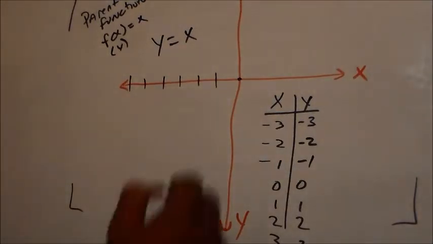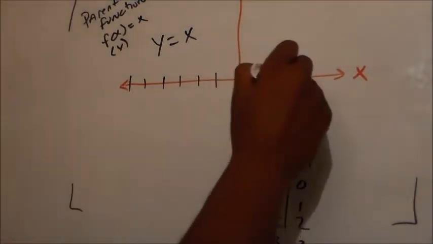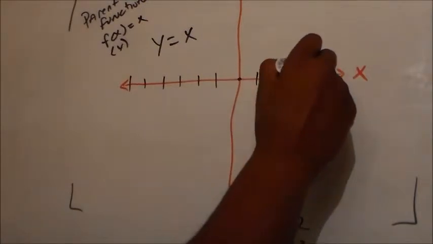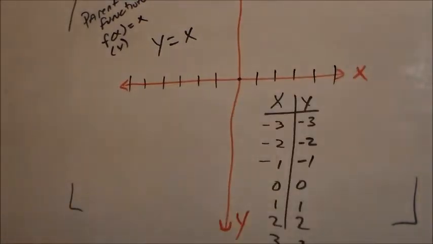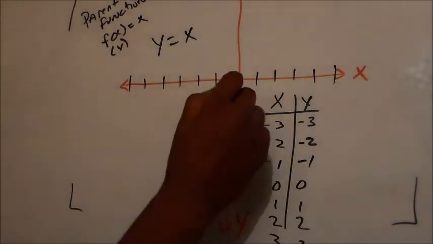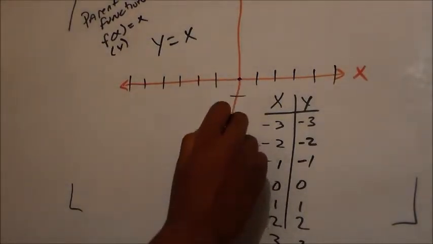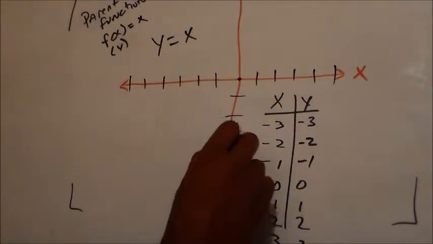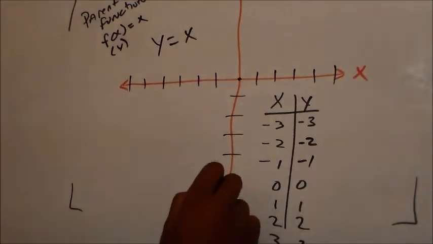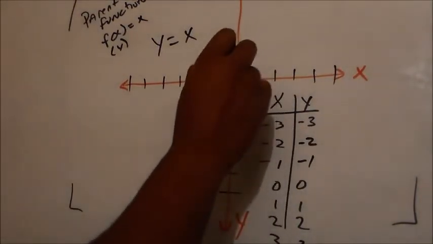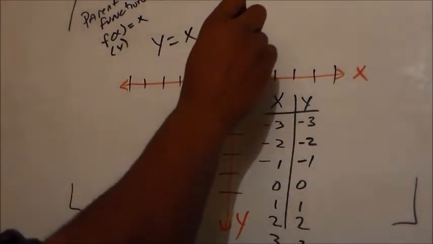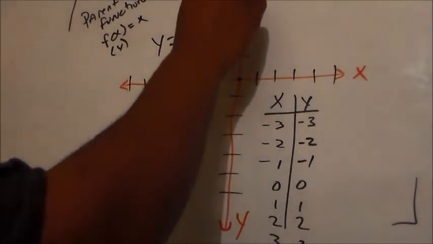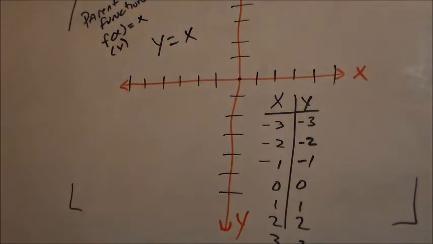And we'll go to our other side, 1, 2, 3, 4, 5. Come down, 1, 2, 3, 4, 5, 6, and 1, 2, 3, 4, 5, 6 on the y-axis.